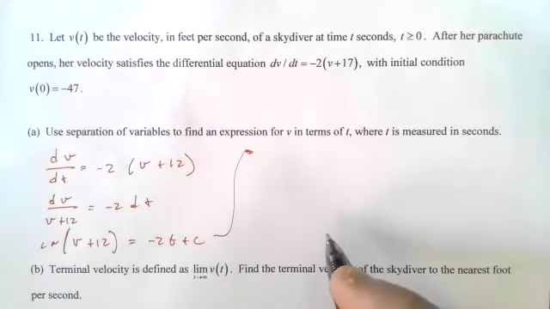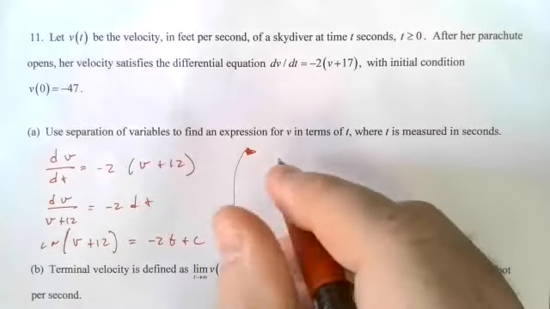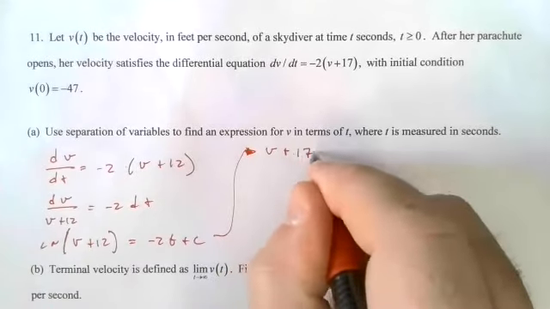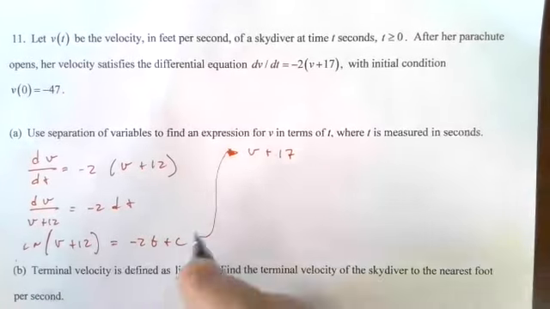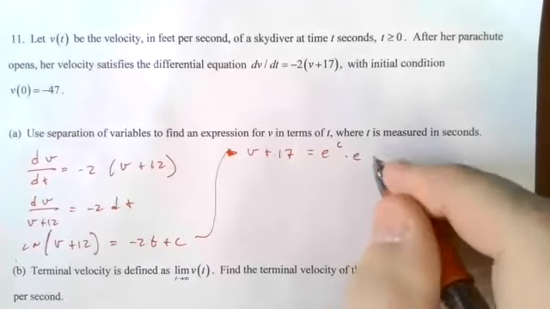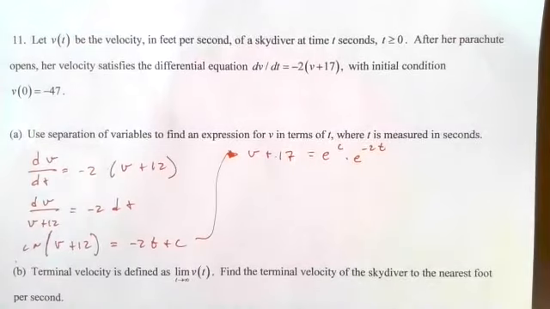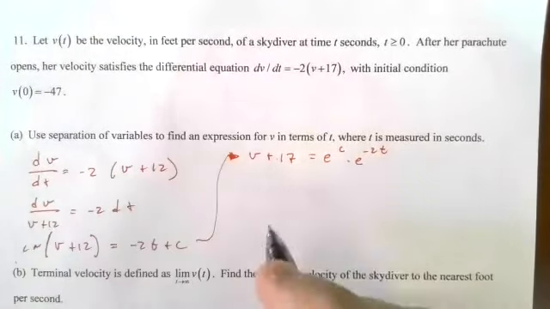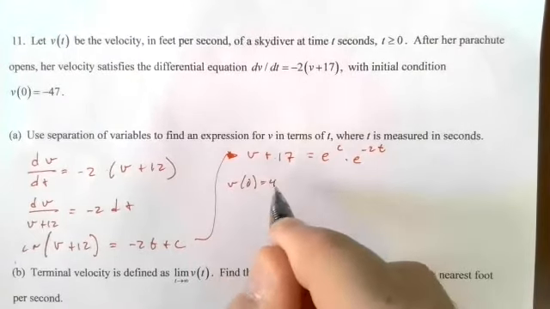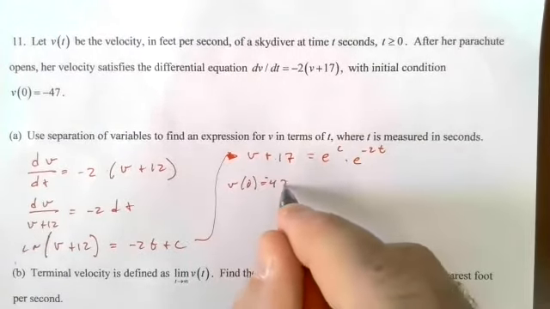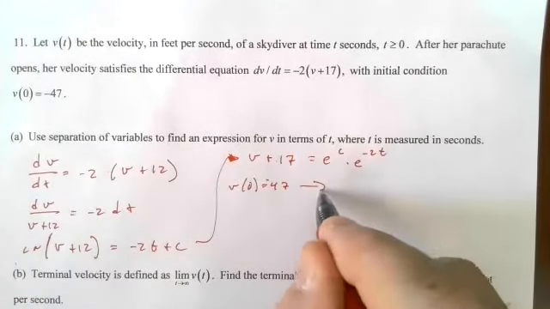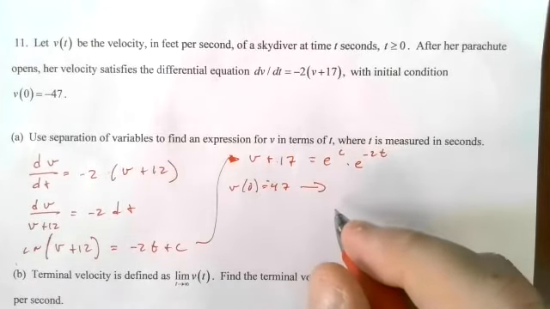Up we go. v plus 17, we just eat that side, need this side, equals e to the c. I always forget to put it there. This time I remembered. e to the negative 2t. Initial velocity is 0. Negative 47. Oh no, it's negative. I should be careful with this. Well, we eat it, so it doesn't really matter. That's so lazy. Yep, extremely lazy.